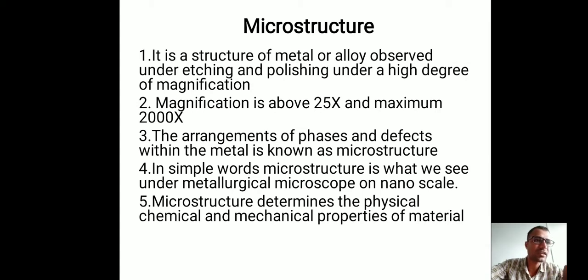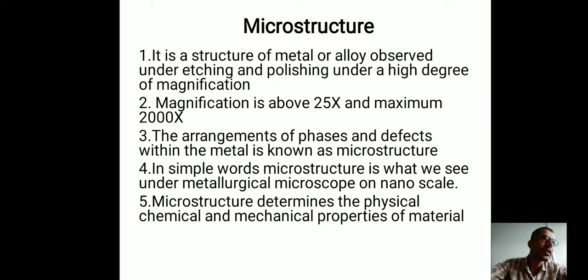This is such a structure we have to observe under the microscope after the sample preparation, under a nanoscale. Correct na? We have to prepare a sample of the material whose microstructure we have to observe.